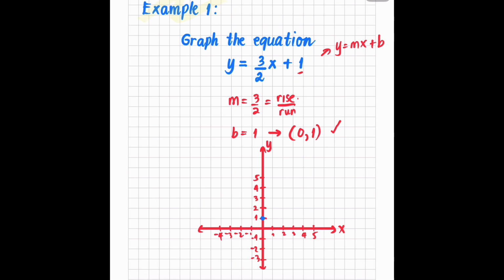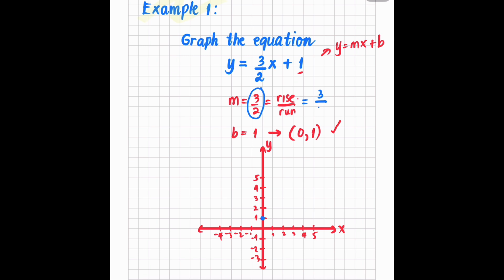We've already had the first point, which is the y-intercept. To find the second point, we will be applying the slope, 3/2. So, rise over run, 3 is the value for the rise, which is positive. That means from the y-intercept, we will go up 3 units.